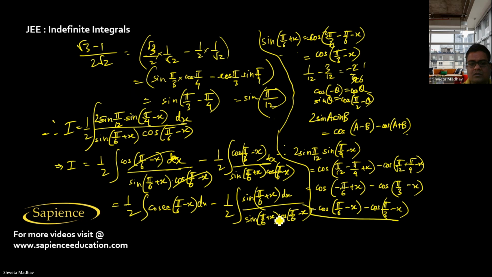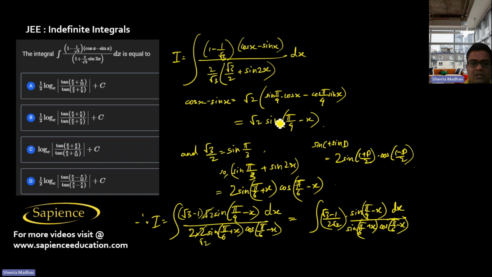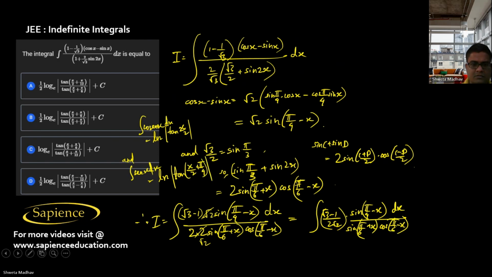So these two will get cancelled, and we know that the integral of cosec x is given as ln mod tan of x by 2, and the integral of sec x dx is given as ln mod tan of (x by 2 plus pi by 4).